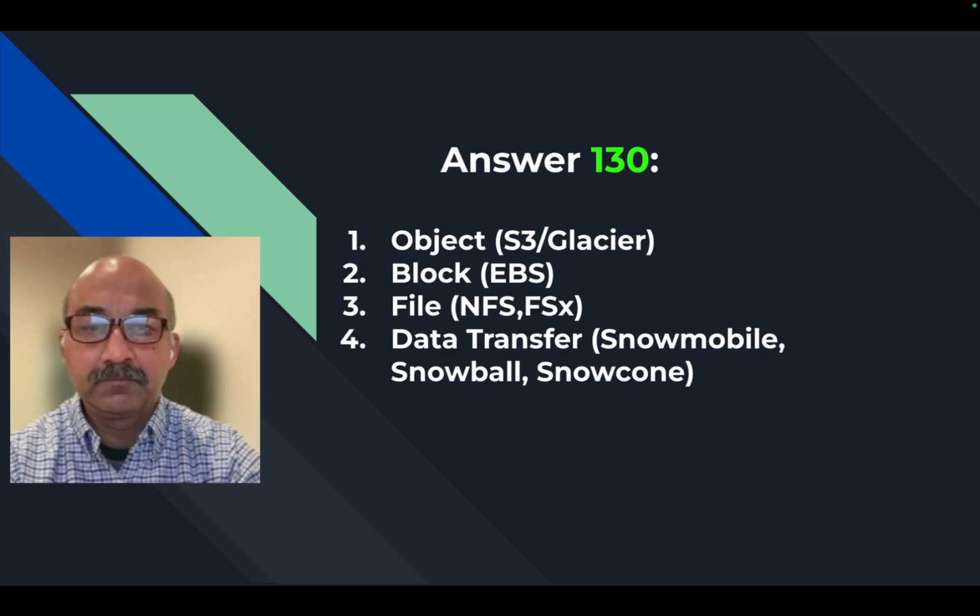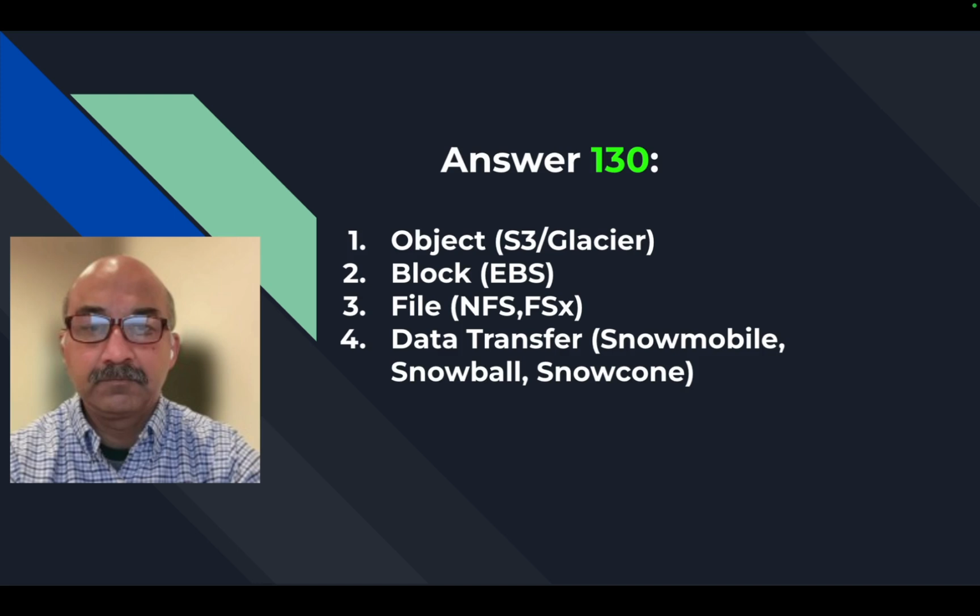But the difference between EBS and NFS is that EBS is typically attached to a particular virtual machine. NFS is a network file storage, so multiple machines can read and write to NFS at the same time. Because they're through the network, they're a little bit slower than EBS, but because they're network, they're more redundant. Okay, having said that, let's move down to the last one, data transfer.